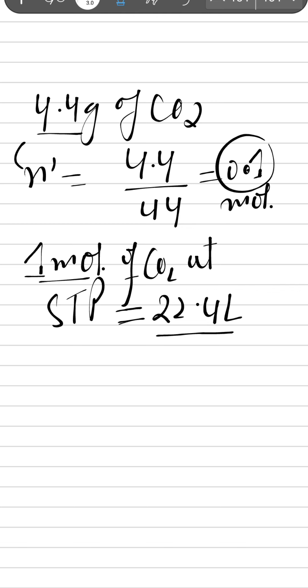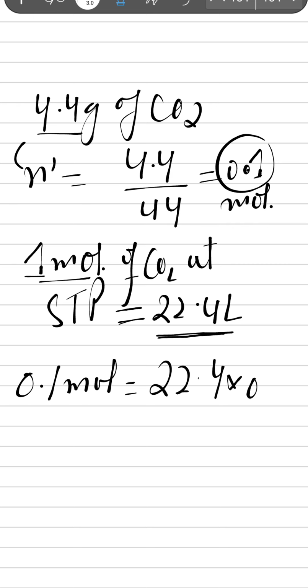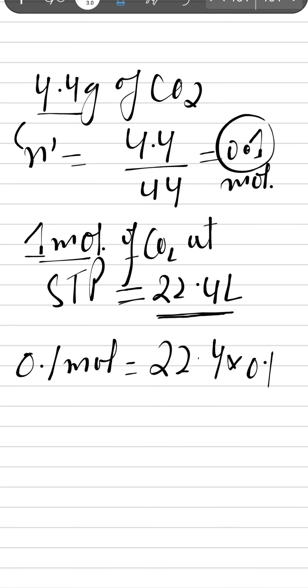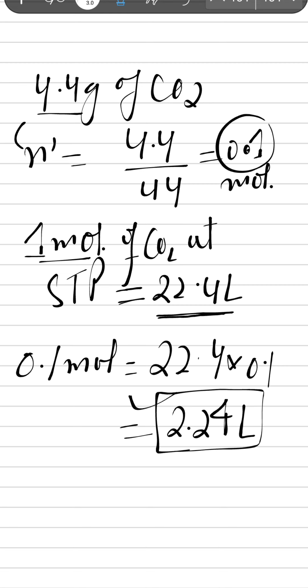If 1 mole has a volume equal to 22.4 liter, that means 0.1 mole will occupy a volume equal to 22.4 multiplied by 0.1. This value comes out to be 2.24 liter. So this is the answer, that is 2.24 liter.